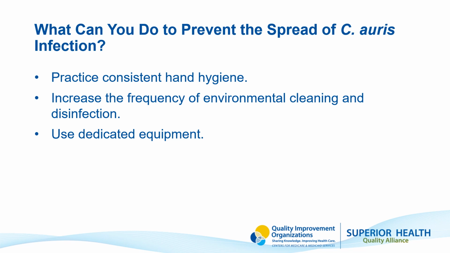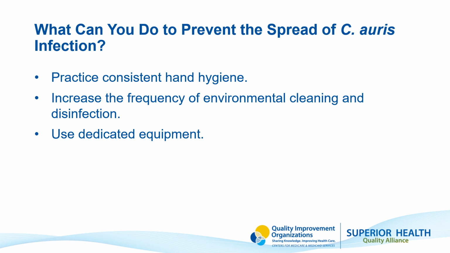Since patients or residents colonized with C. auris may not be showing any symptoms of the illness, it is important that good infection prevention and control practices are used with all persons you care for to prevent its spread.